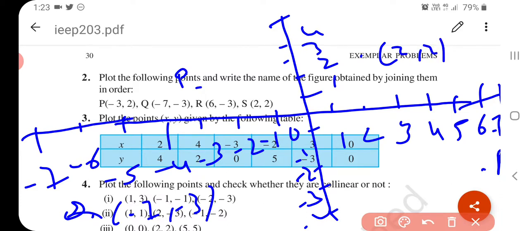Okay, so when you join this figure, what do you obtain?